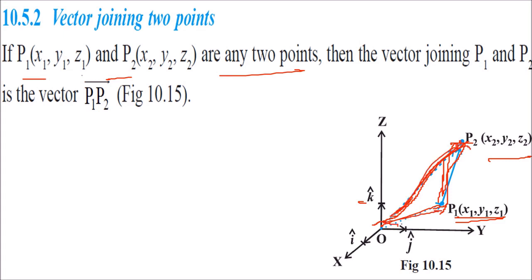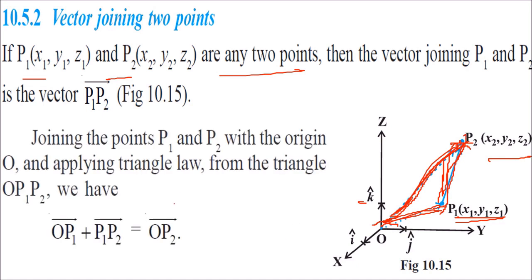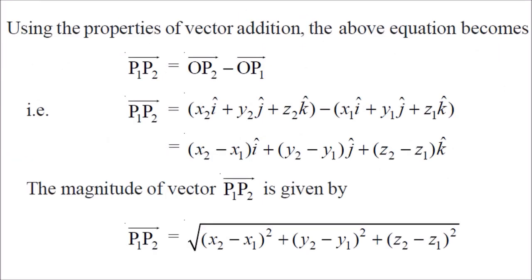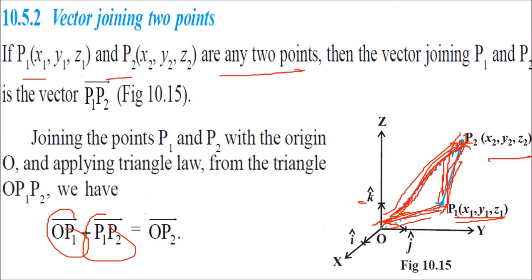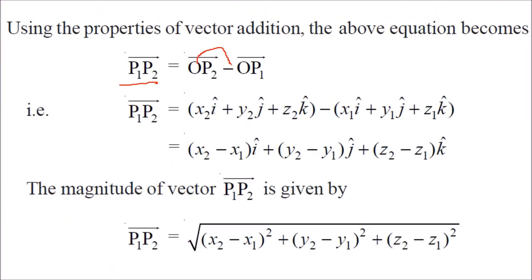By the triangle rule, OP2 is equal to OP1 plus P1P2. This is the law of triangle. Now what is P1P2? As I just said, P1P2 is nothing but x2 minus x1, y2 minus y1, z2 minus z1.